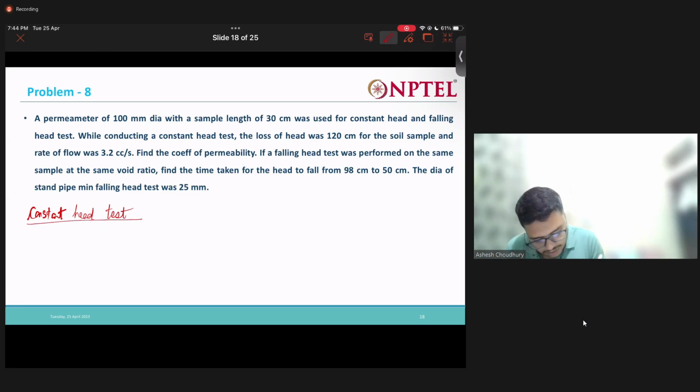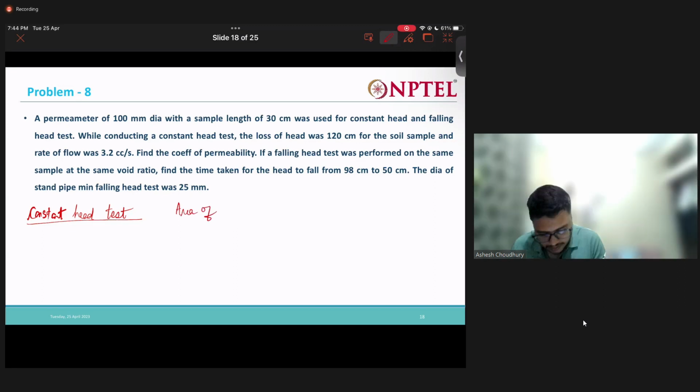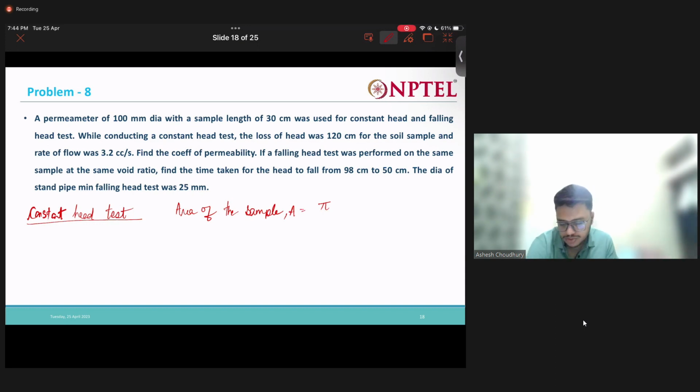Okay. So what is the area of the sample? Pi by 4 into 100 square.